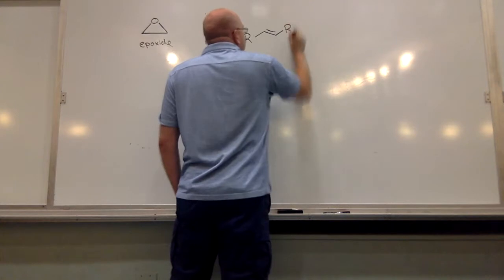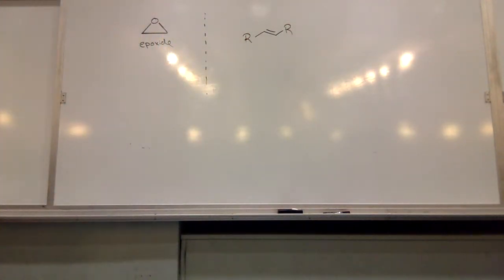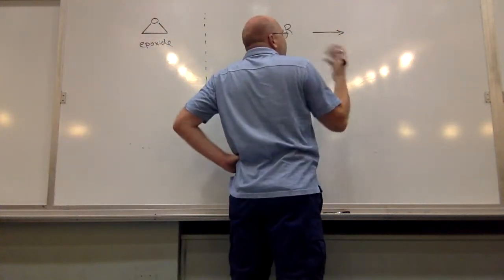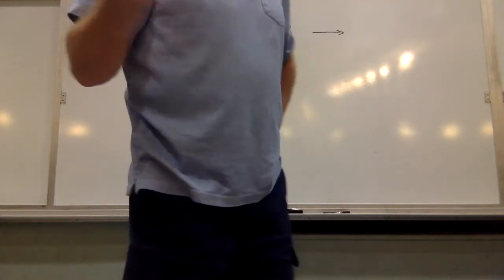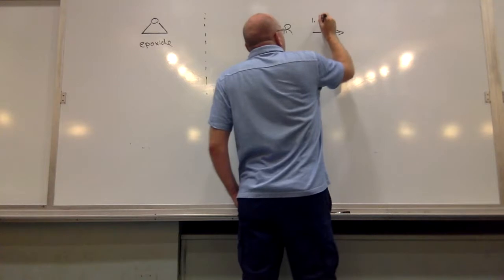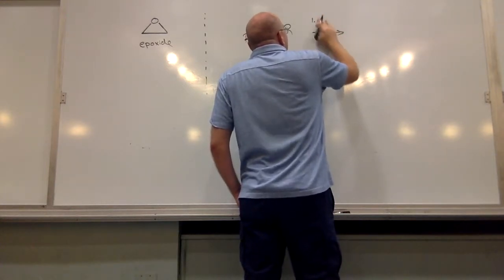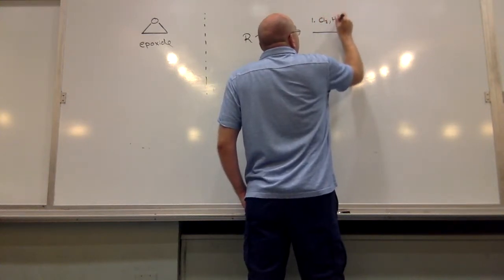One of the ways you can make epoxides is a two-step process based upon chemistry we've already learned. The first step is chlorine or bromine, and we'll just say chlorine and water.